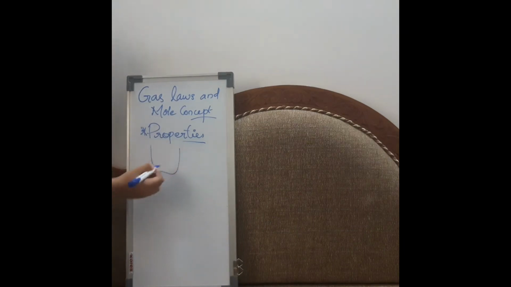In a container, if these are the molecules of gas, there will be no attraction between the molecules and the walls. Then we have to learn the volume of a gas, pressure of a gas and temperature of a gas.